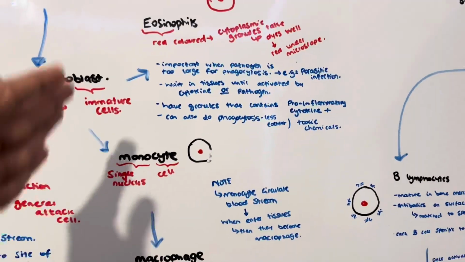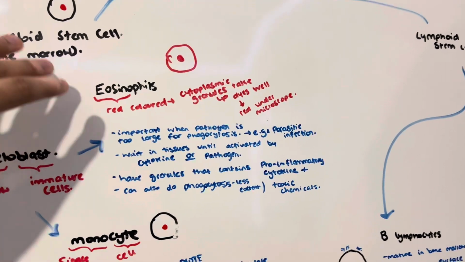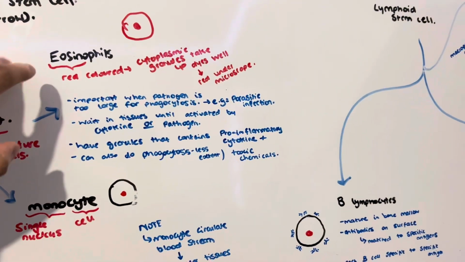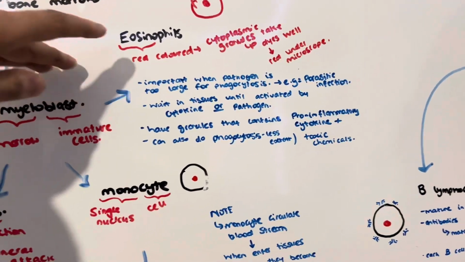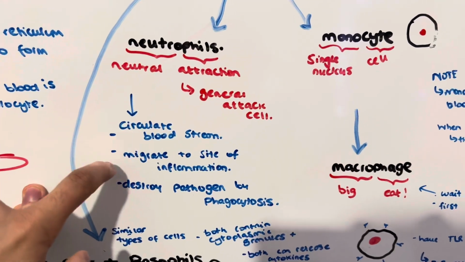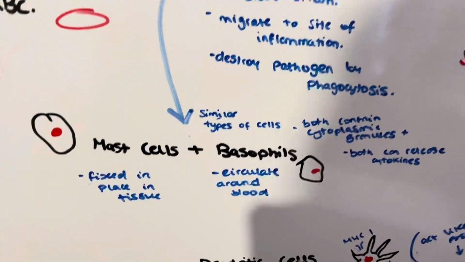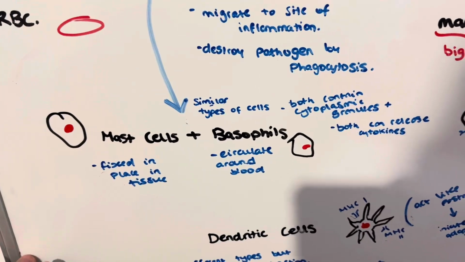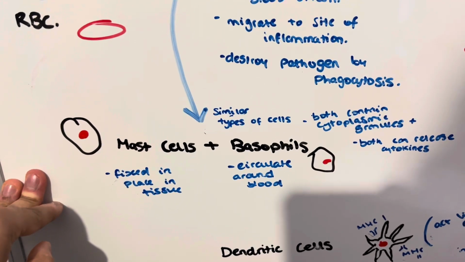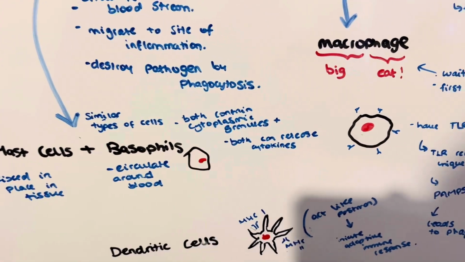Then eosinophils are mainly involved in pathogens that are too large for phagocytosis. Neutrophils, which are looking for drama, migrate to the site of inflammation and destroy pathogens by phagocytosis. Then we've got our mast cells and basophils, basically the same thing, but one is fixed in place in the tissue, one circulates around the blood, and they both release cytokines.